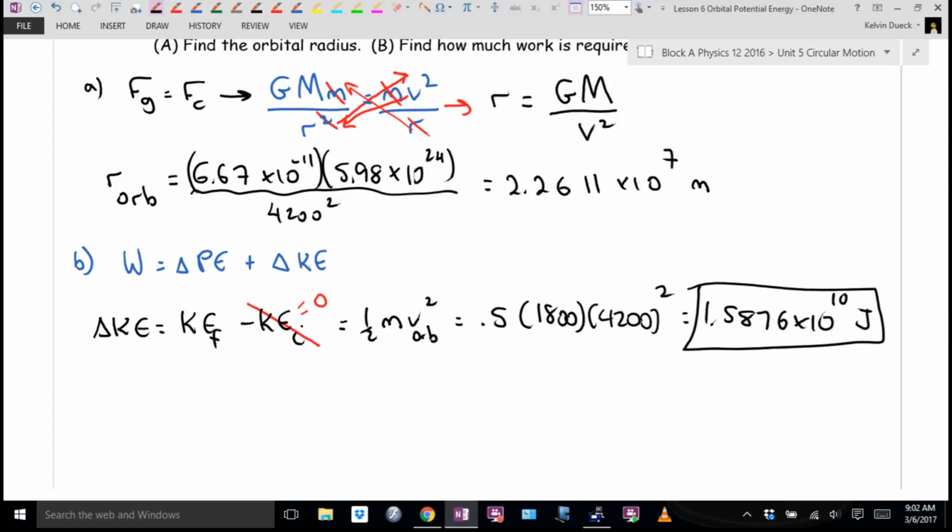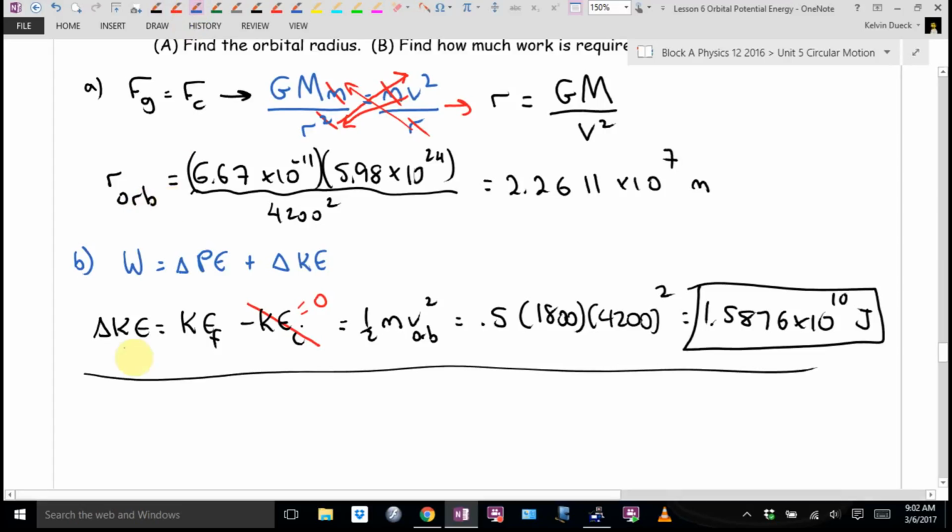How much fuel do you need to get this object to the correct radius? Well, that's going to be the change in potential energy. Brendan, what's change in anything? And none of these will be zero unless you happen to be at the very edge of the universe.